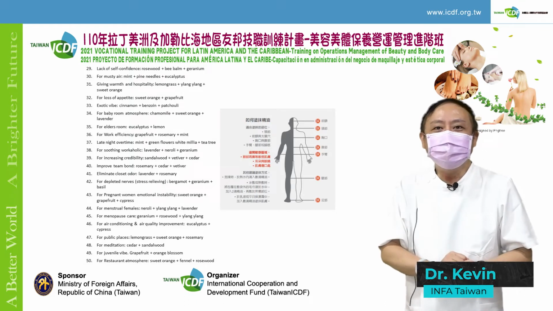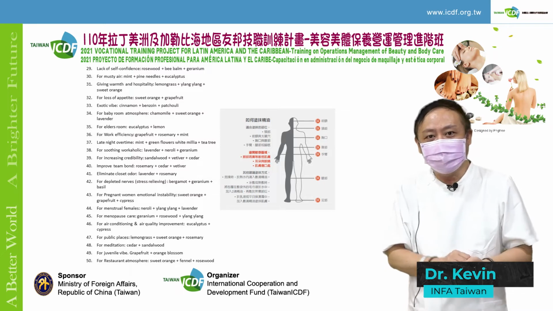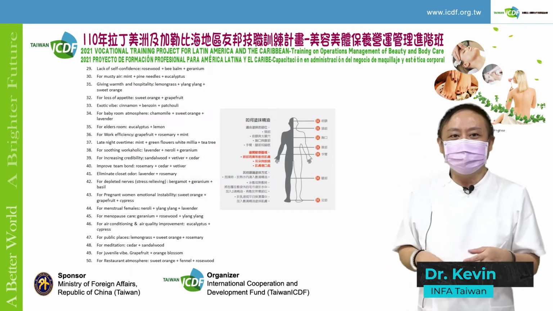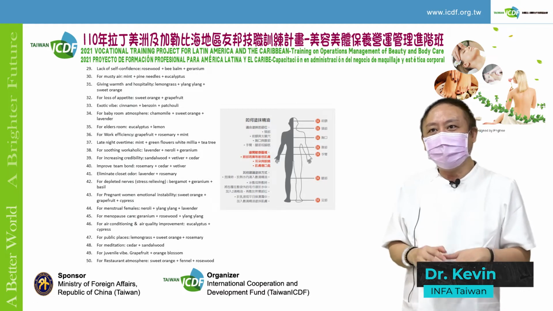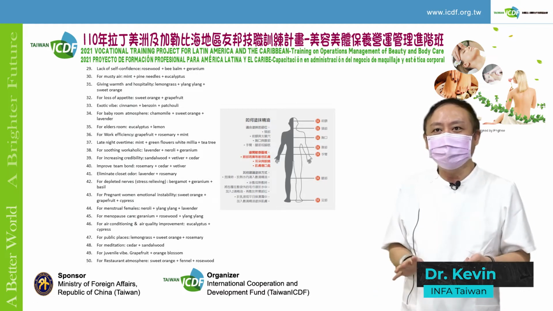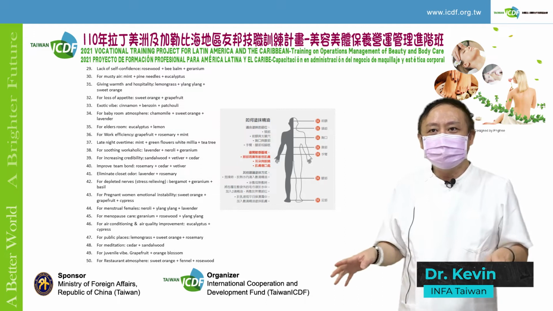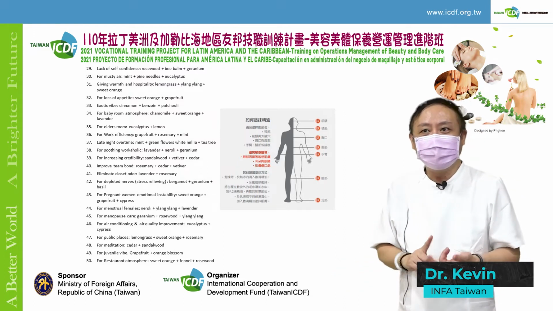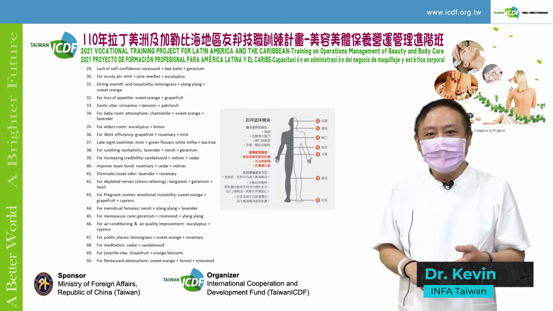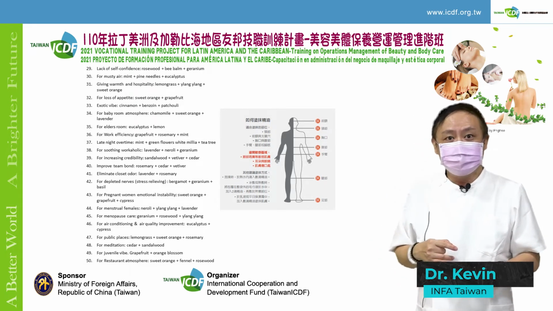For loss of appetite, you can use grapefruit. And so that's why for a restaurant, you can use a grapefruit essential oil and it'll boost people's appetite. If you want to have an exotic vibe, a lot of times we'll use benzoin and cinnamon. For baby room atmosphere to clear up the air, we'll use chamomile, sweet orange, and lavender.